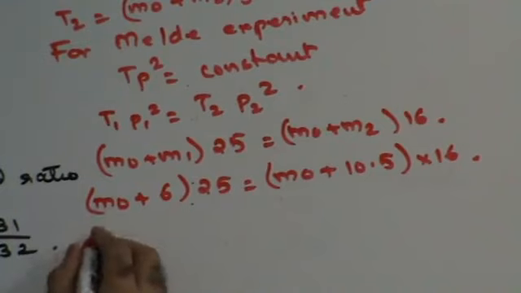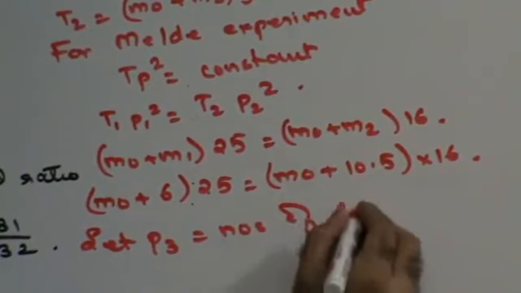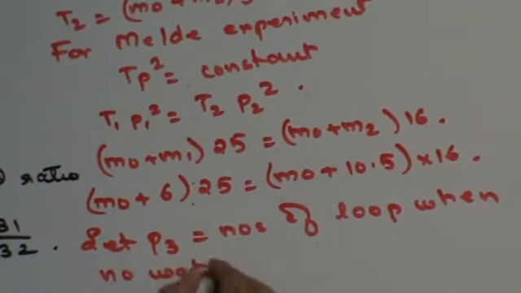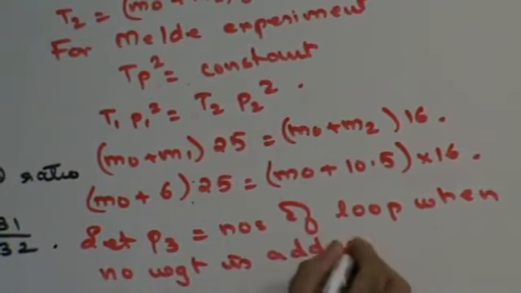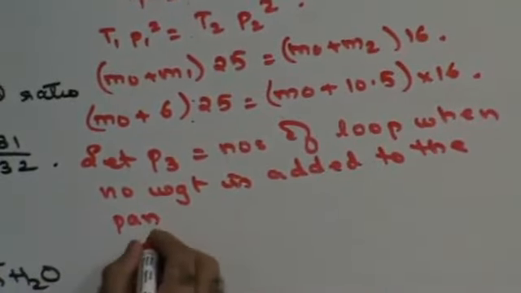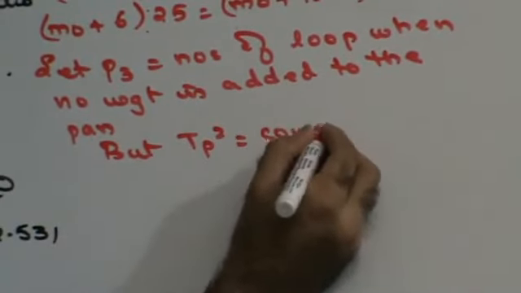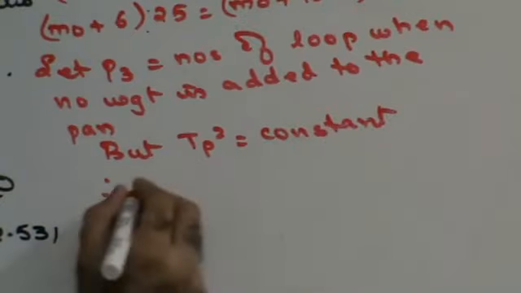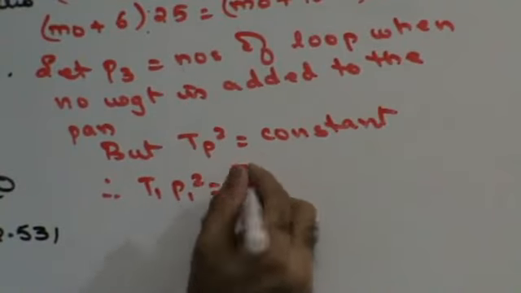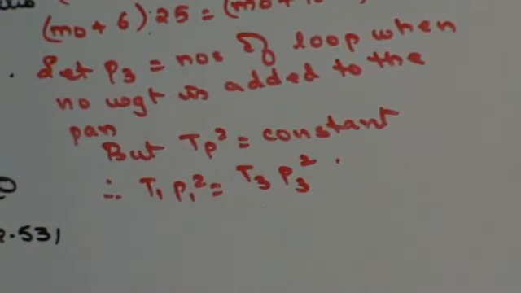Now let us assume that P3 is the number of loops when no weight is added to the pan. As you already know that T P square is constant, therefore T1 P1 square should be equal to T3 P3 square.